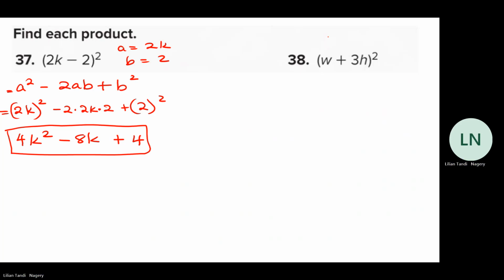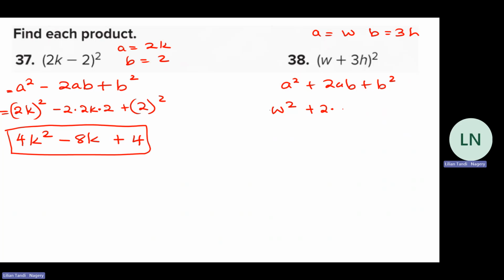Okay. A is W, B is 3h, A squared plus 2ab plus b squared. What does this become? W squared plus 2 times W times 3h plus 3h squared.